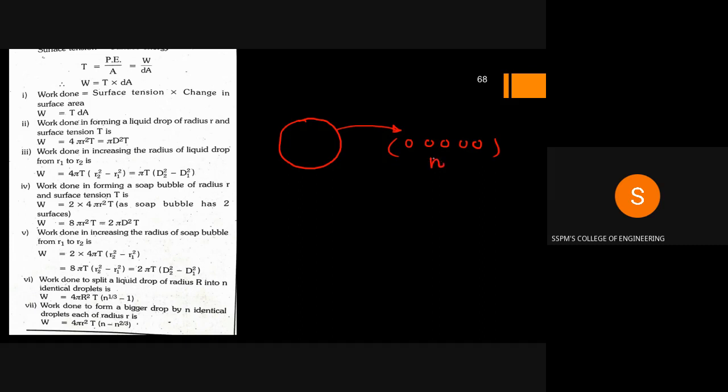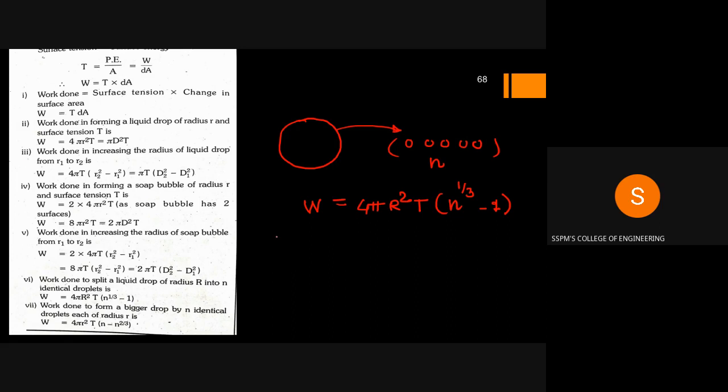N can be 4 drops, 5 drops, 6 drops, 7 drops, etc. So the work done to convert a single drop into multiple drops is given by 4 pi r square into surface tension in bracket n raised to 1 by 3 minus 1.